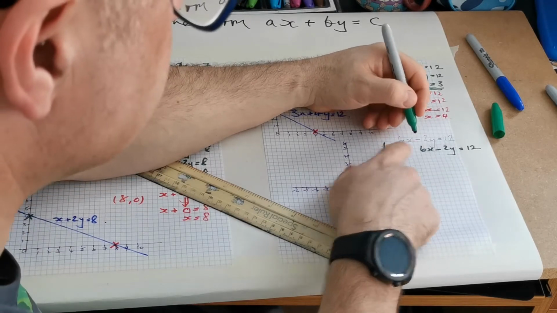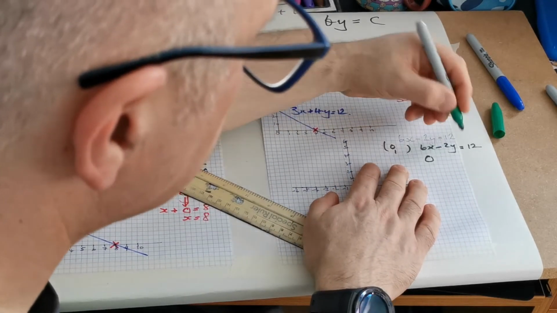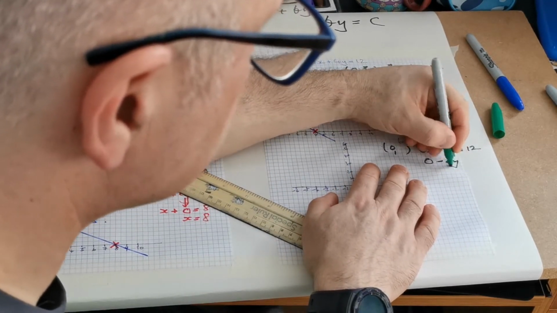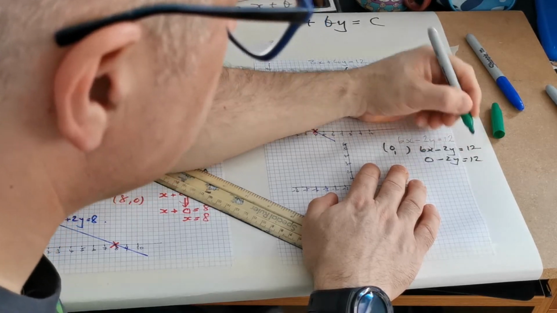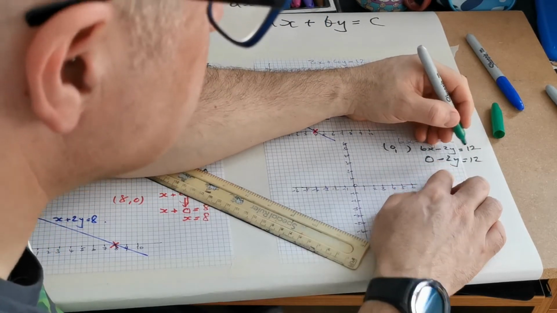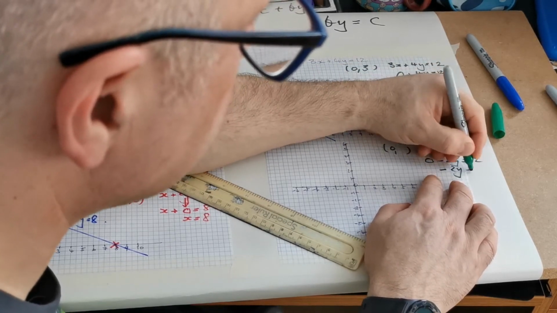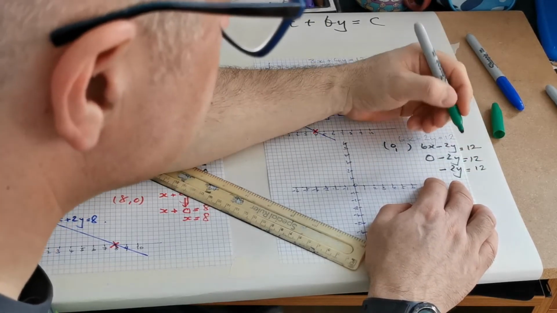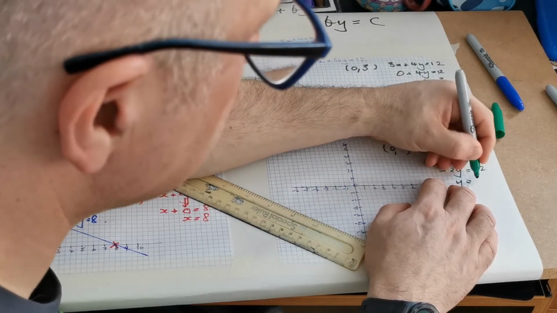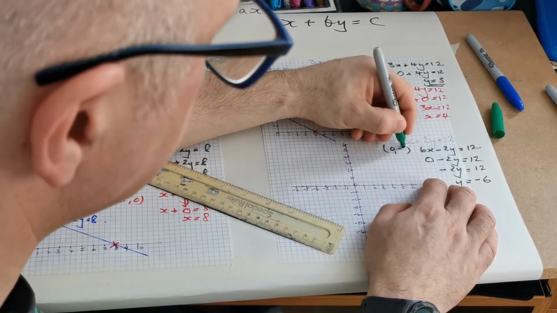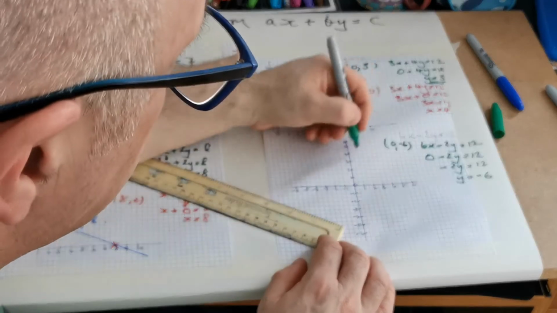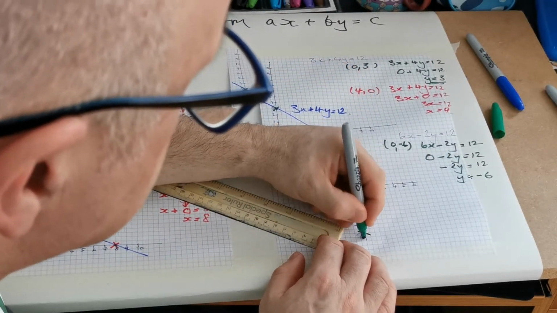If x is 0, then 6 zeros are 0, minus 2y equals 12. To find what y is here, I need to divide both sides by negative 2. So let's look at minus 2y equals 12. Divide both sides by negative 2 and get y is equal to negative 6. So that is 0, negative 6 there.